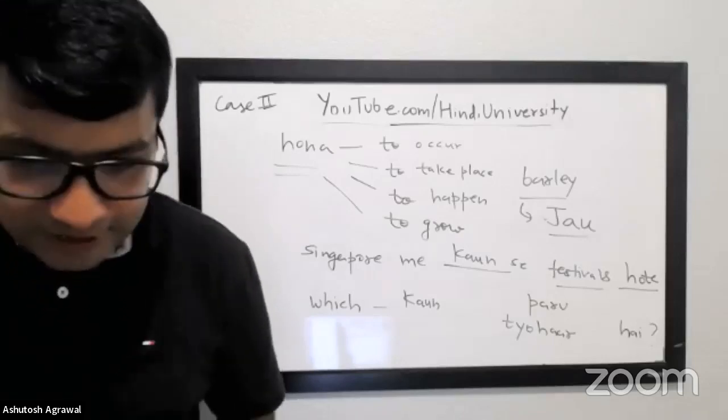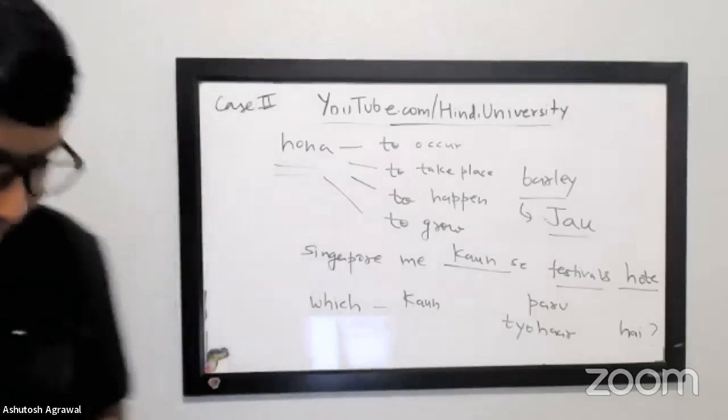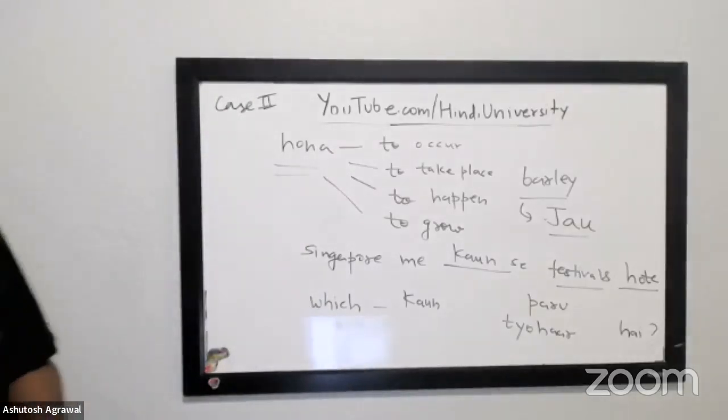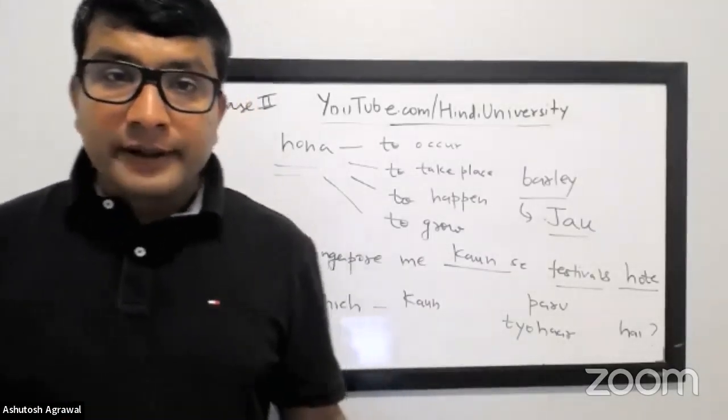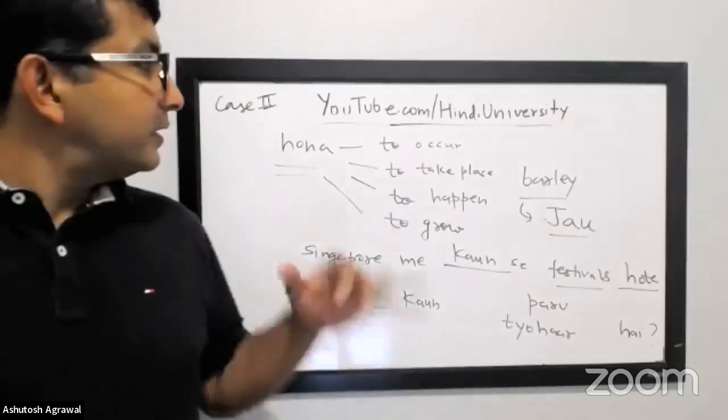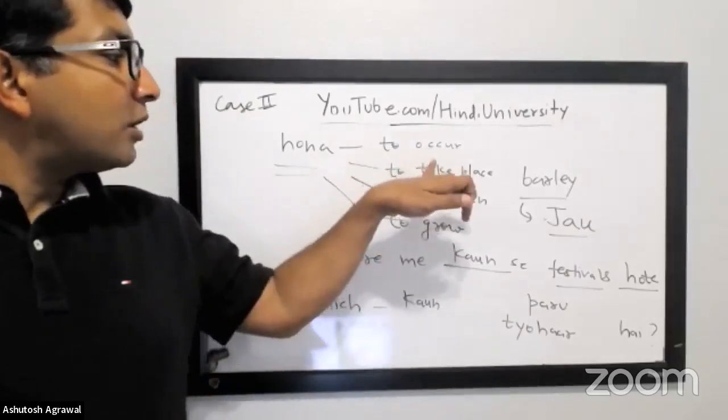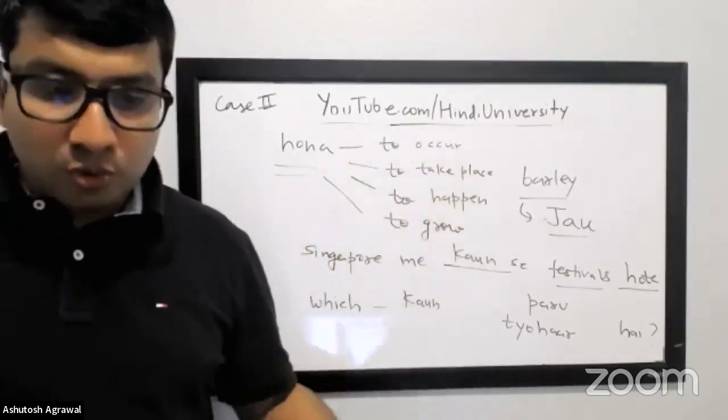Okay, all right. So this is for your case number 2. Remember case number 1, which is things which are generally true, eternally true, right? We want to say generally. Second one is basically when it is a notion of to occur, to take place, to happen, or to grow.